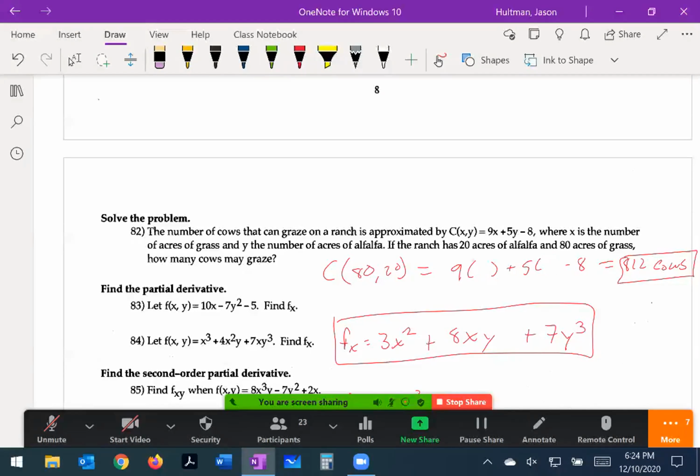There we go. It comes out to 812 cows. 9 times 80 plus 100, minus 8 is 812. That's correct.